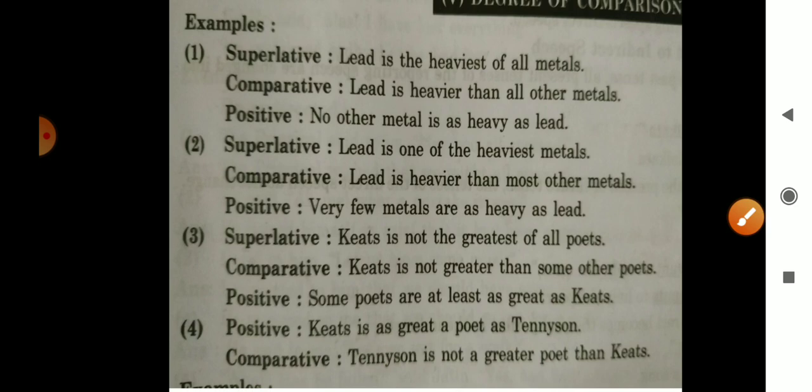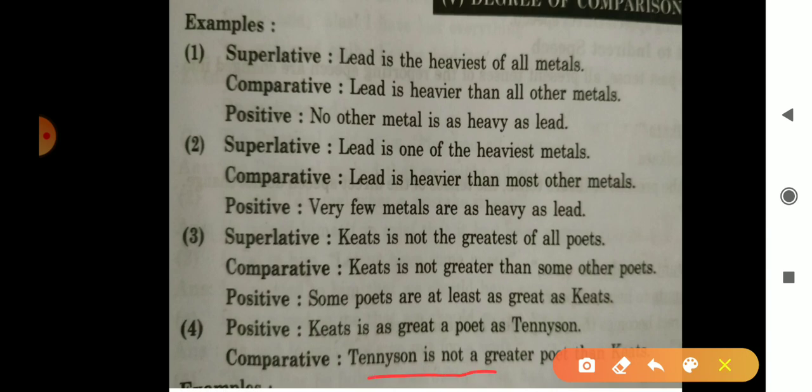Now in the comparative, sometimes we can use "not" in the comparative. Tennyson is not a greater poet than Keats. Meaning Tennyson is not as great as Keats. Tennyson is not a greater poet than Keats.